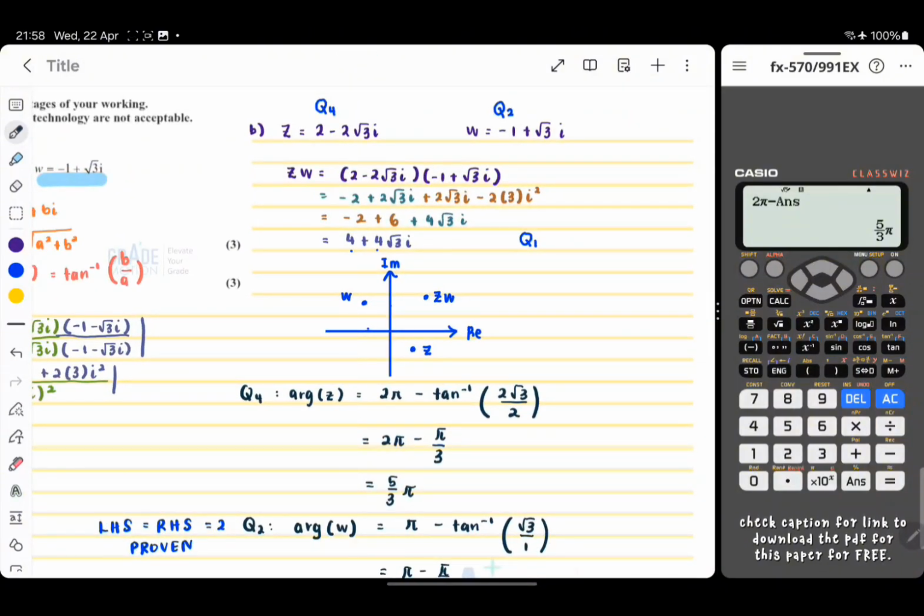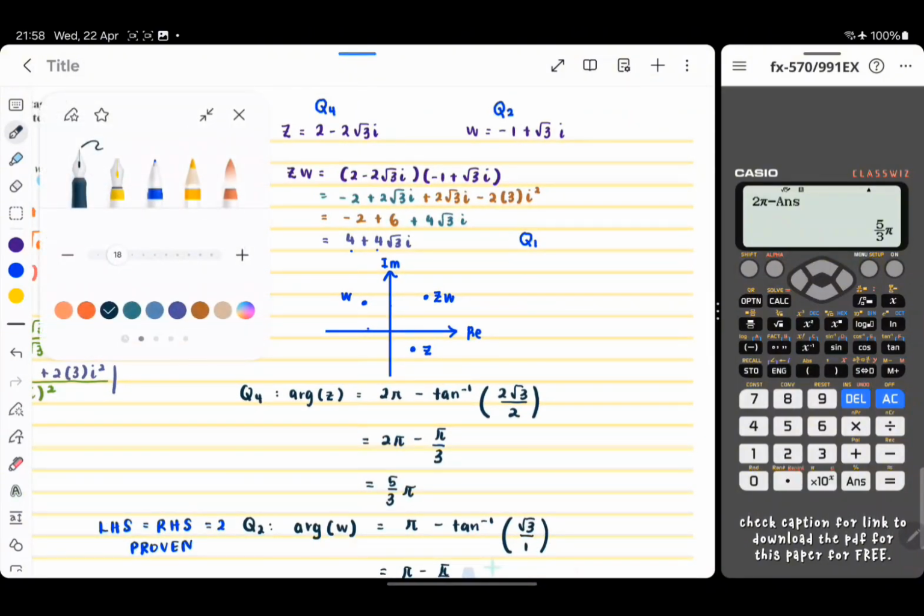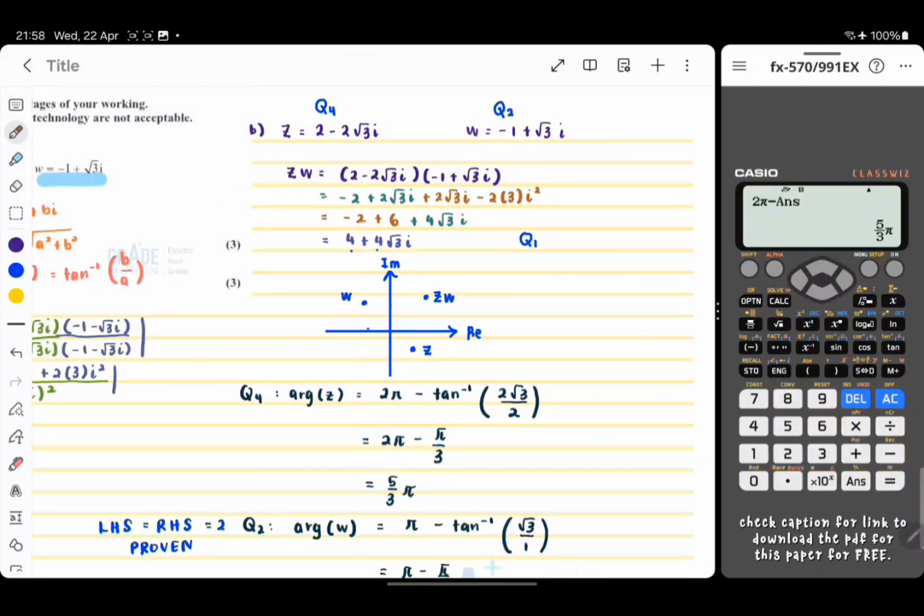Let's now find the argument for ZW. Argument for ZW, because it is located at quadrant number 1, we can simply do inverse tangent of 4 root 3 over 4.